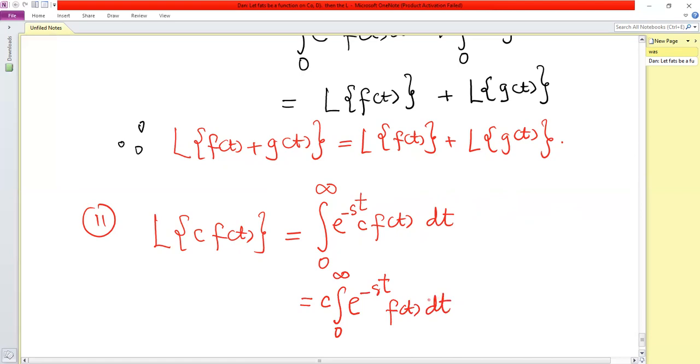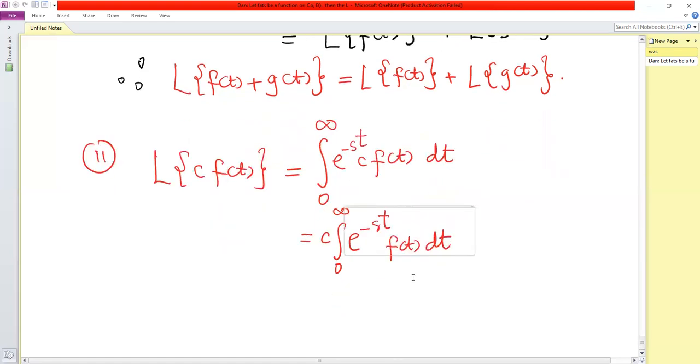Now you see this part is the definition of the Laplace transform of f of t. So this will be c times the Laplace transform of f of t.